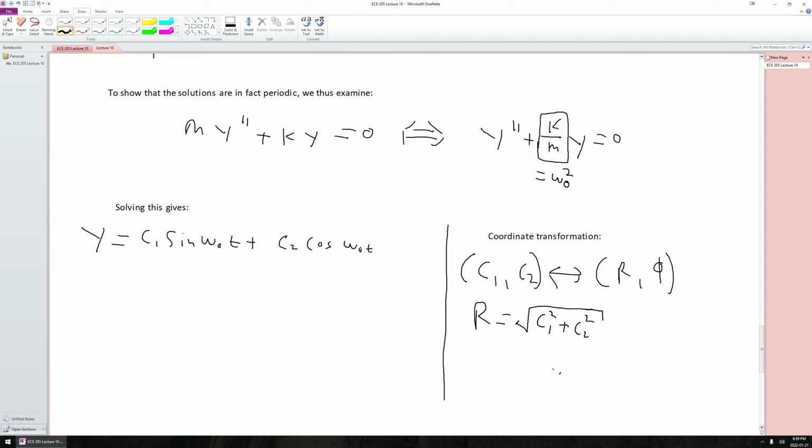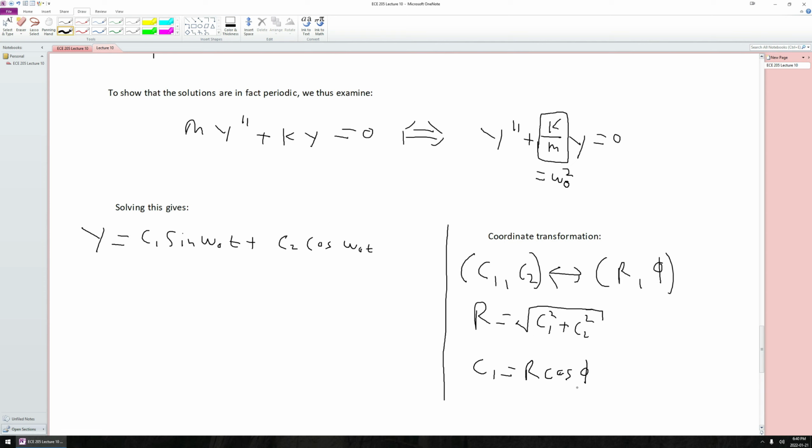And next, I'm going to define phi by simply defining C1 to be equal to this R cosine of phi. So C1 is equal to R cosine of phi.